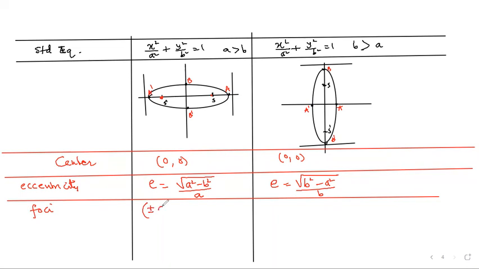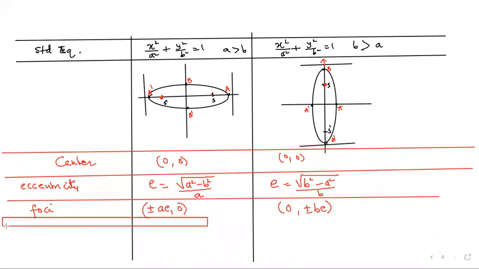So plus or minus ae comma 0. Here, foci is on the y-axis. So if it is on the y-axis, x will be 0. And plus or minus be, not ae. So a will become b and b will become a.